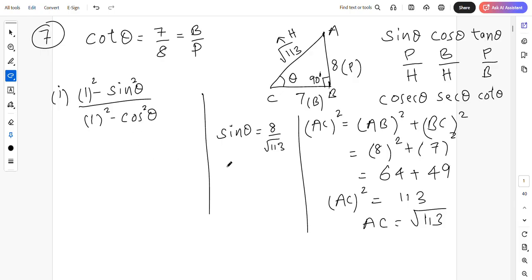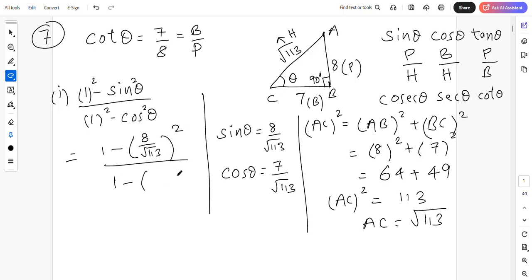You require cos theta also. Cos theta is base by hypotenuse, which is 7 divided by root of 113. Now substitute the values. 1 square is 1 itself. 1 minus sin theta squared is 1 minus (8 by root of 113) the whole square, divided by 1 minus (7 by root of 113) the whole square.